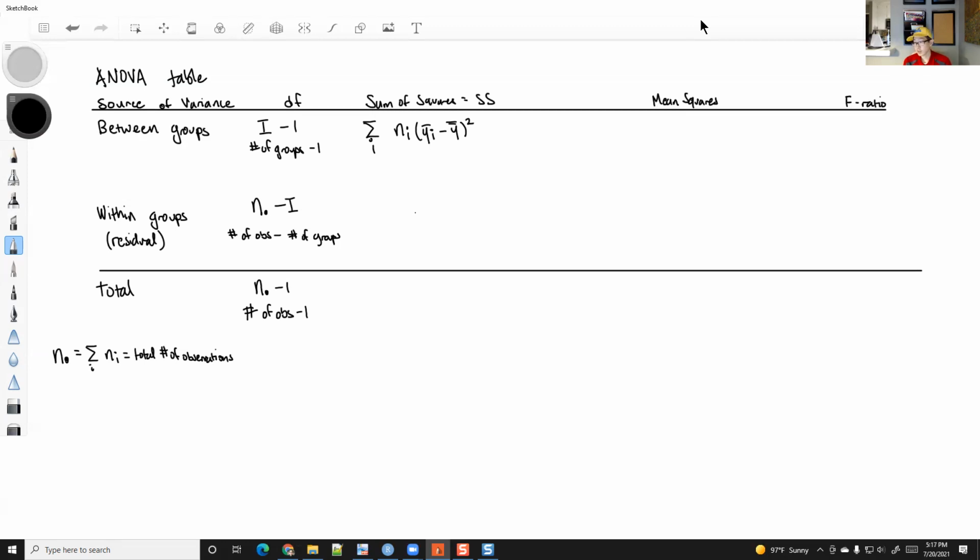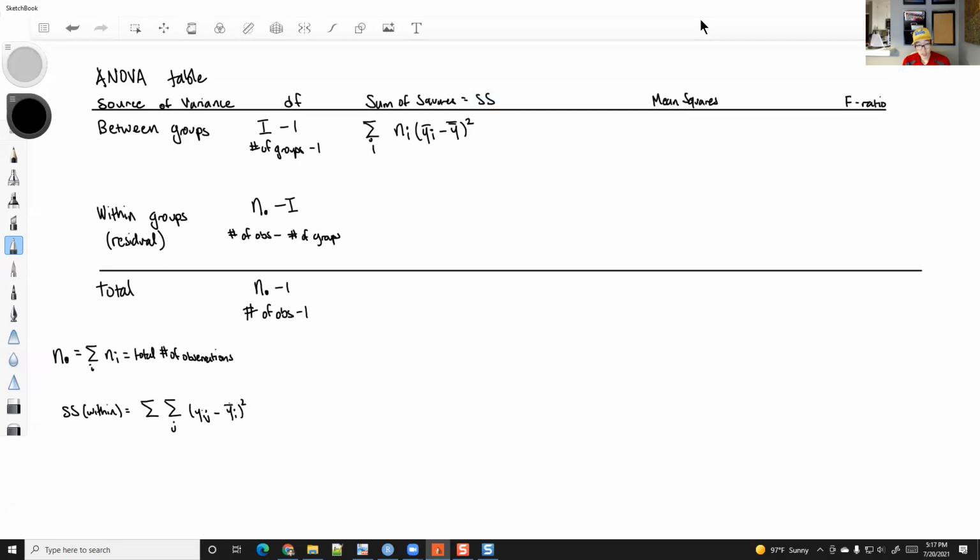And then I'm going to put in a different formula. The sum of squares within is equal to, earlier we said we're going to do a double sum. We're going to take all the individual values within a group, y ij minus y bar sub I.